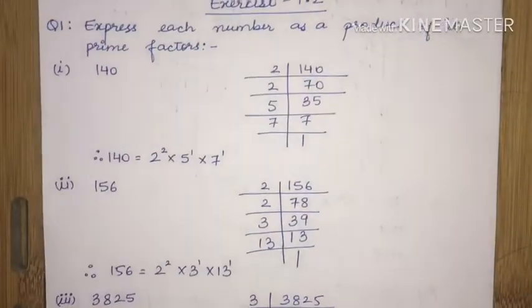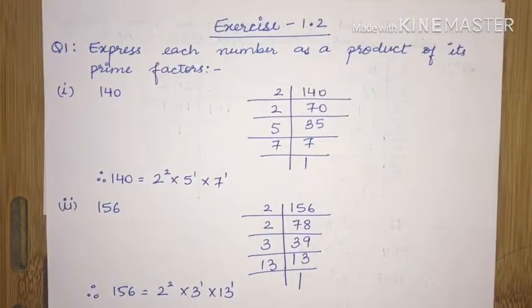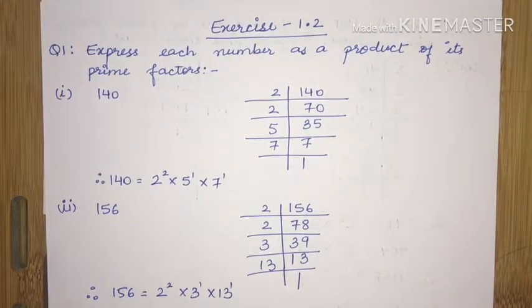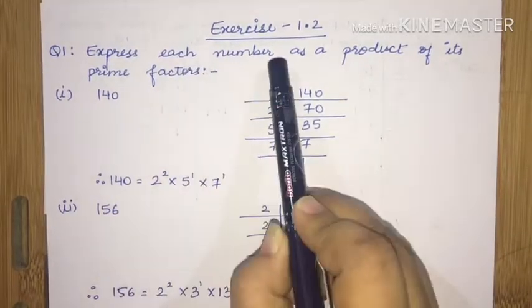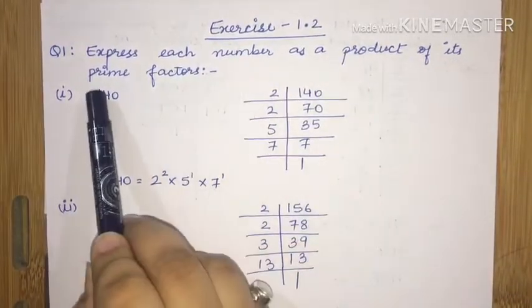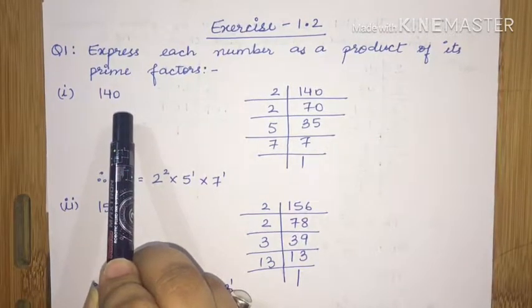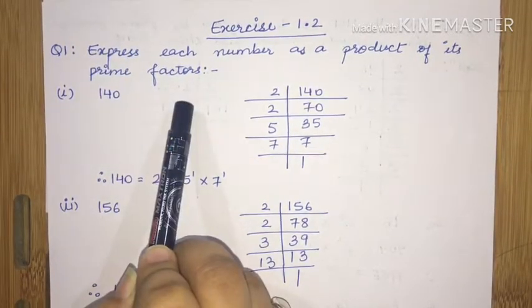Now let's see the exercise 1.2. Question 1 says: express each number as a product of its prime factors. So in the given question we have to find the prime factors and express the given number as a product of prime factors.